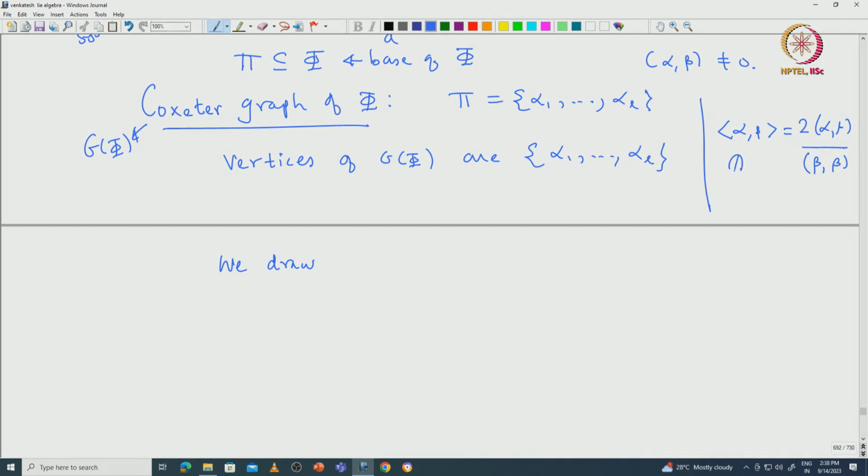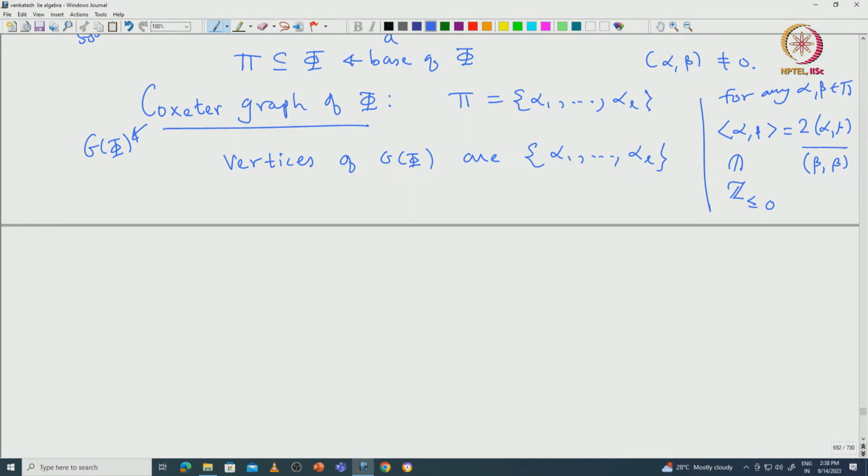These Cartan numbers are integers, we know, and we take the product of alpha beta times beta alpha as the number of edges we draw between alpha i and alpha j. These numbers should be non-positive integers for any alpha, beta coming from pi.